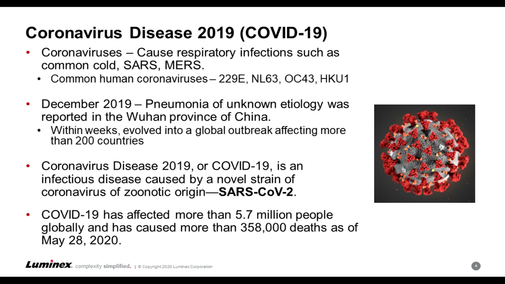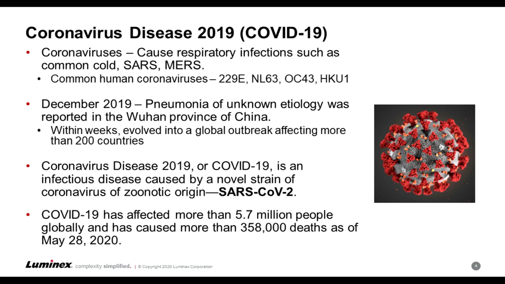To begin, let's recap the events that have transpired over the last 6 months and have brought us to where we are today. We know that many coronaviruses can cause common cold respiratory illnesses, but others, like the first SARS coronavirus and the MERS coronavirus that followed several years later, can cause very severe disease.